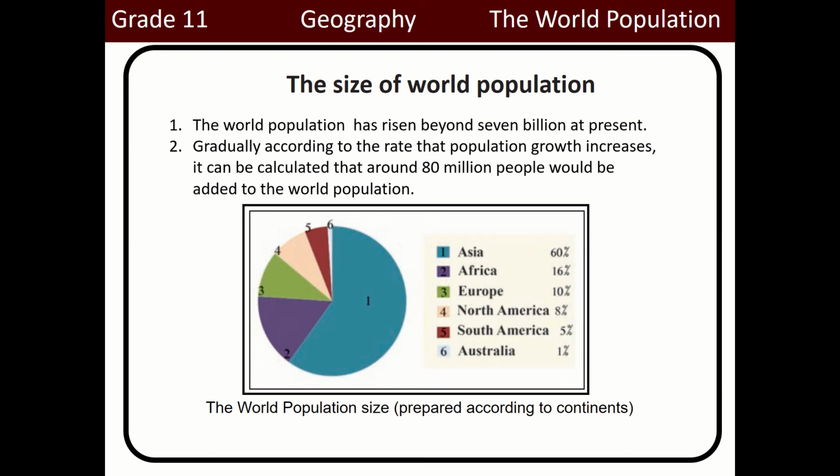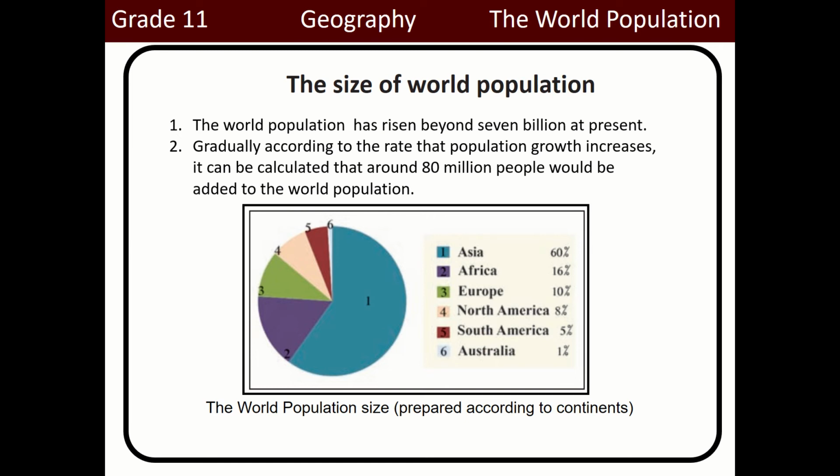Around 76% of the total world population lives in the two continents of Asia and Africa. You can calculate that 60% should be added to the 16%. It is 76%.